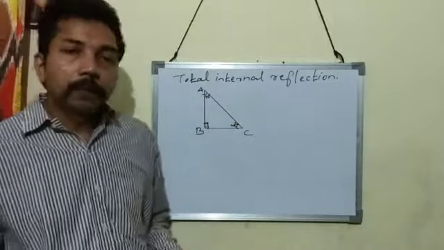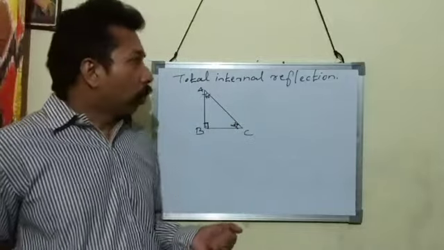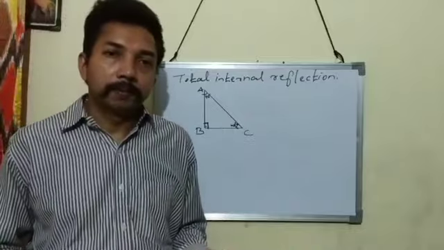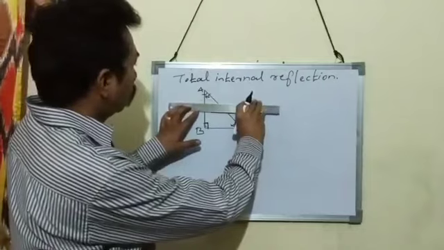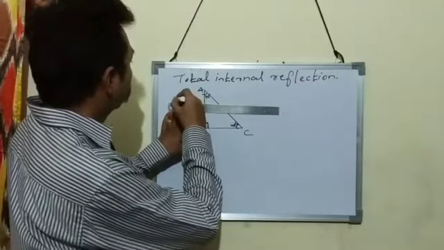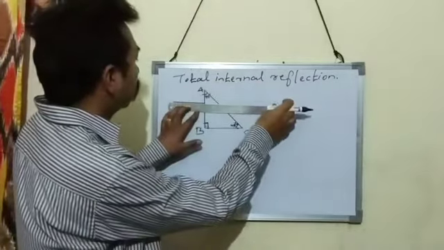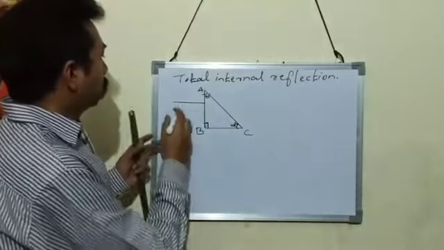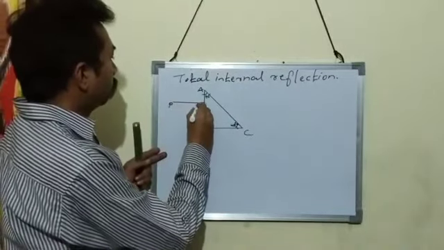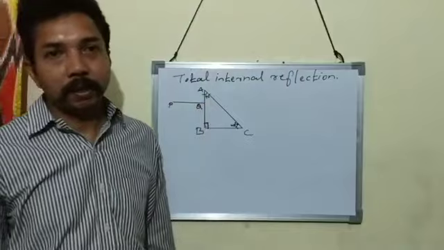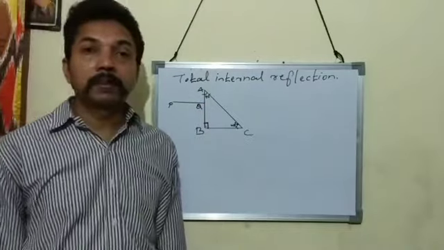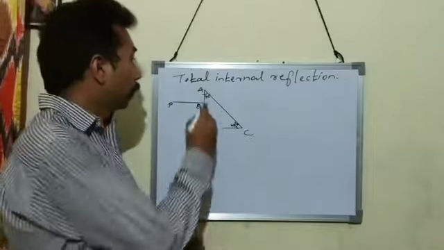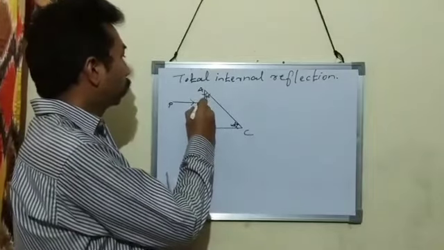So we see the total internal reflection of light in a prism. PQ is an incident ray that strikes normally on the surface AB.